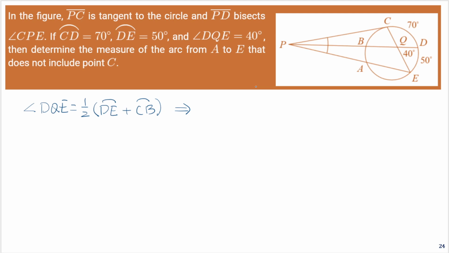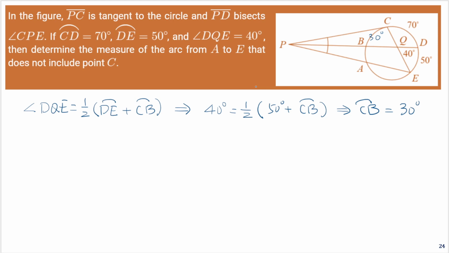So this means angle DQE, 40 degrees, equals 1/2 of (DE, which is 50 degrees, plus CB). So this gives us the measure of arc CB, right? Which is 30 degrees. So that solves one of the arcs we need.